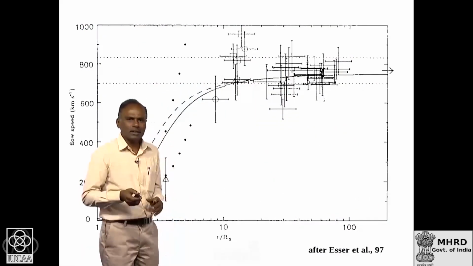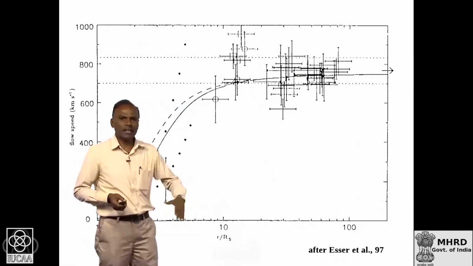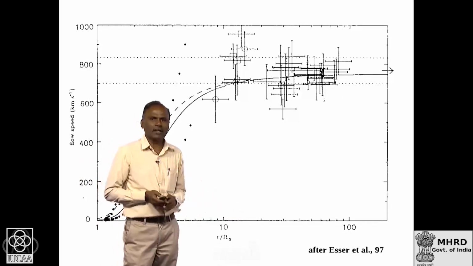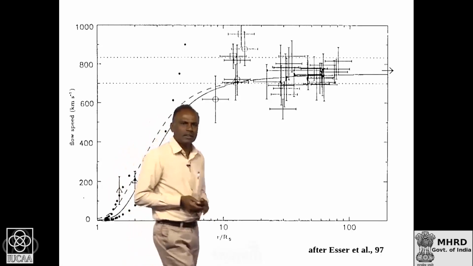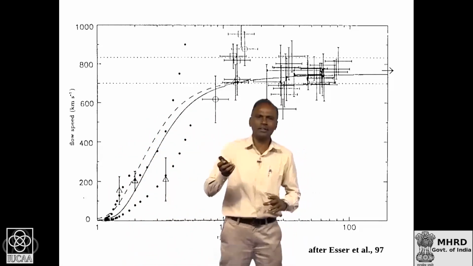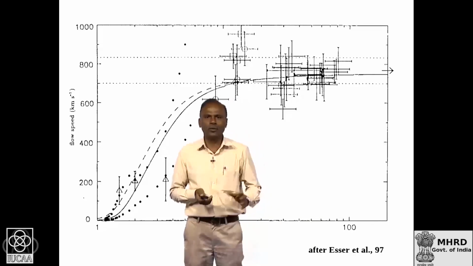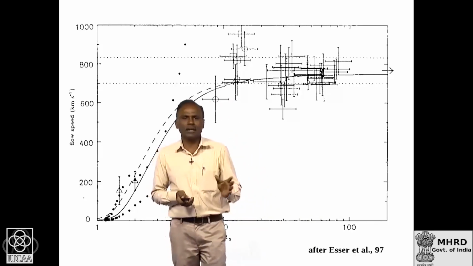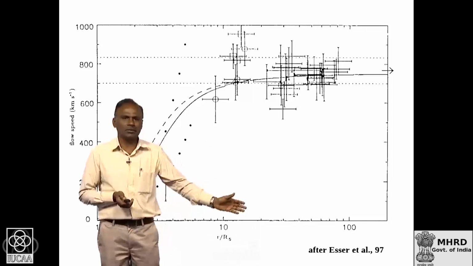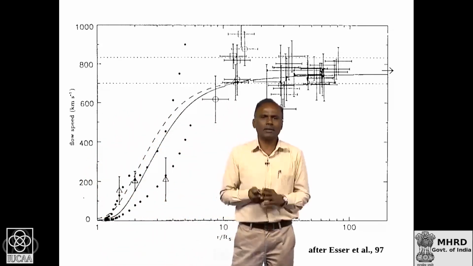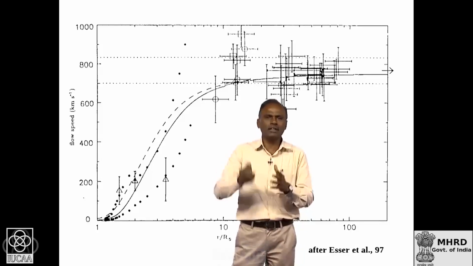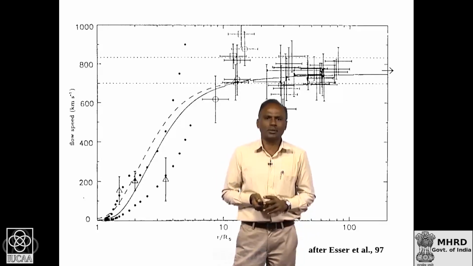Okay, so this plot shows the distance from the sun on the x axis, and on the y axis we see the acceleration of the solar wind as we go from something like 1 solar radii to 10 solar radii, but for a given distance we see a large variation in solar wind speed also.